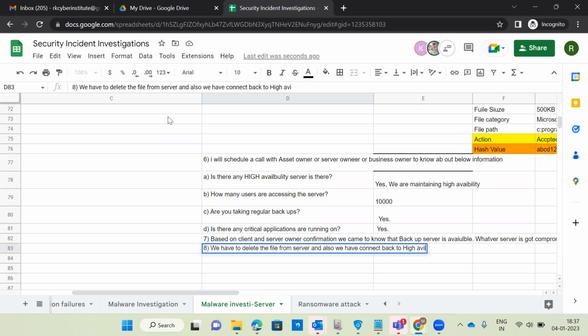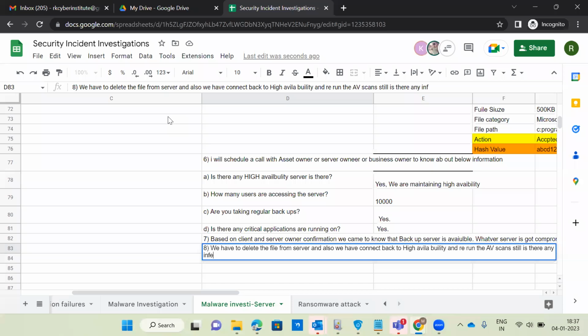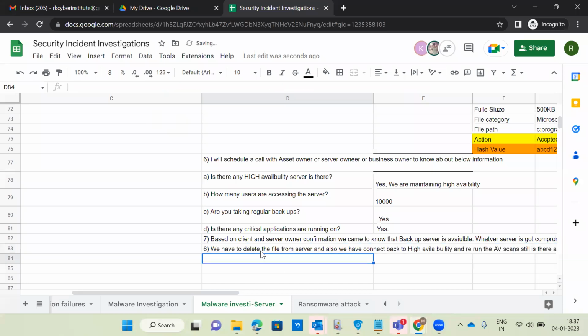Is there still any infection existing? Before going to this, I will give one more point here: take the hash value.